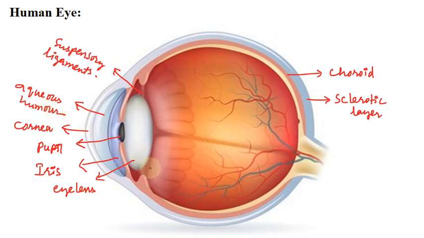The back chamber between the eye lens and the retina is called the posterior chamber, and it is filled with a jelly-like material called vitreous humor. So this is vitreous humor.